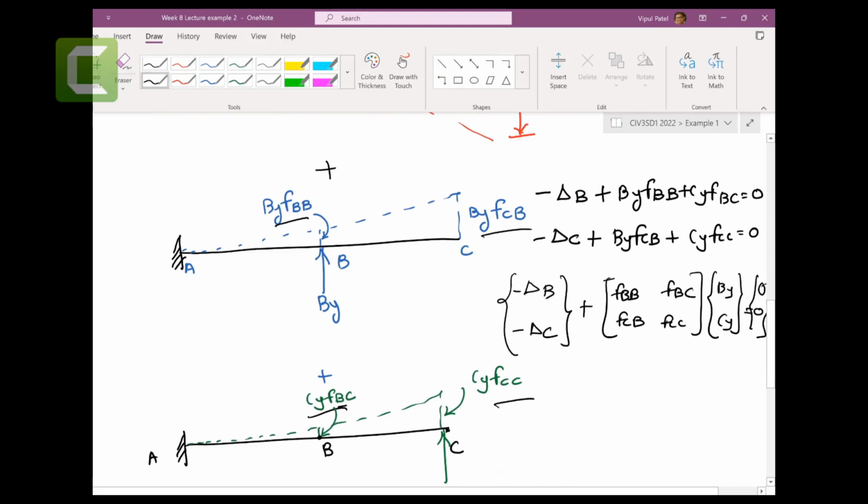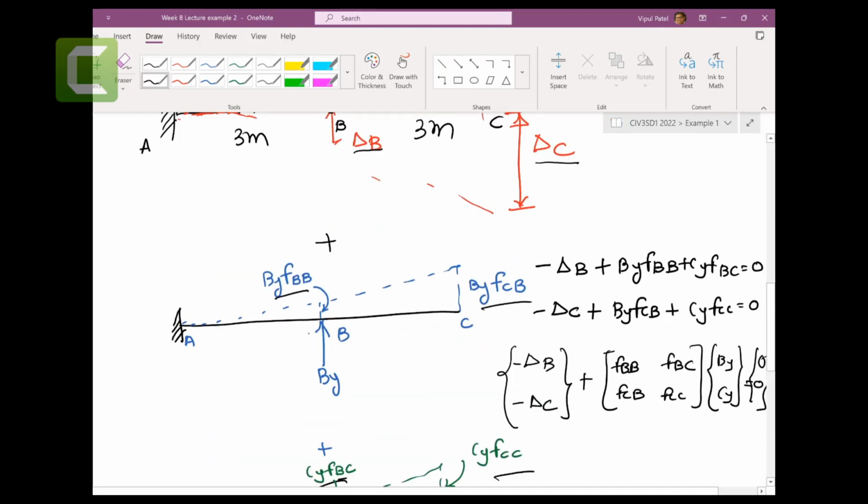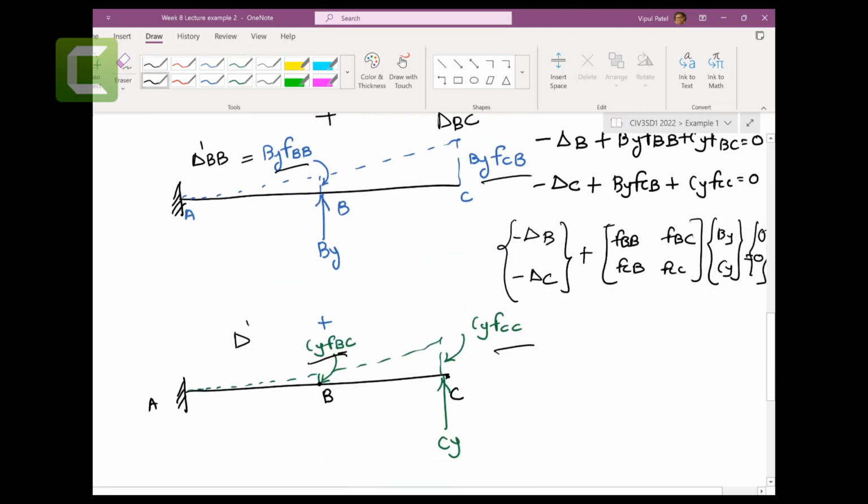The third deflections that we need to find are these here: FBB. Let's give them names: delta dash BB1, delta dash BC1, delta dash BB2 and delta dash BC2.